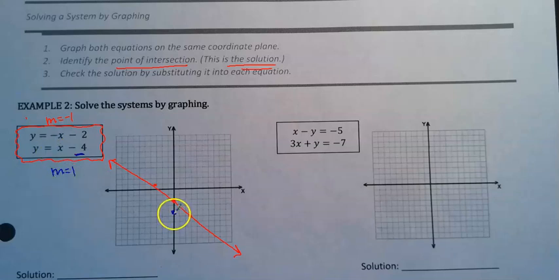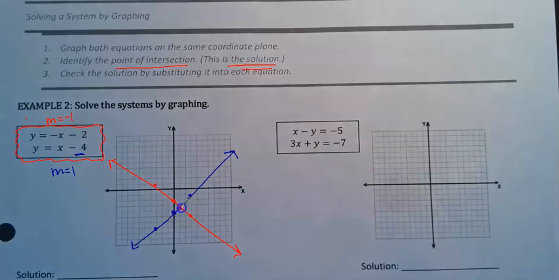So again, I'm going to go up 1, 2, 3 and over 1, 2, 3, repeating. Don't forget your arrows. So I graphed both equations. That's step 1.